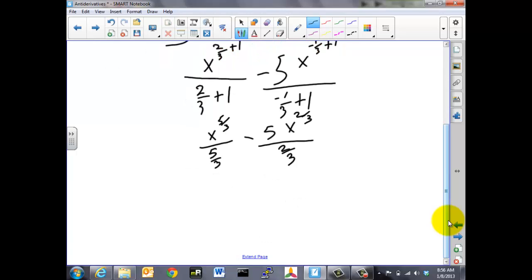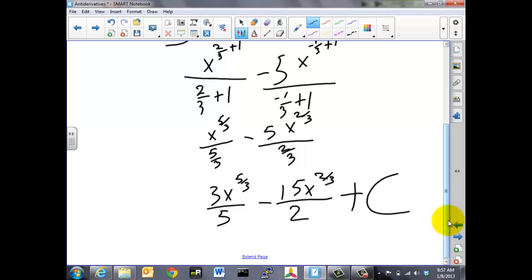How can I clean up x to the 5/3 over 5/3? It would be 3x to the 5/3 over 5, minus 15x to the 2/3 over 2. Now isn't that ugly?